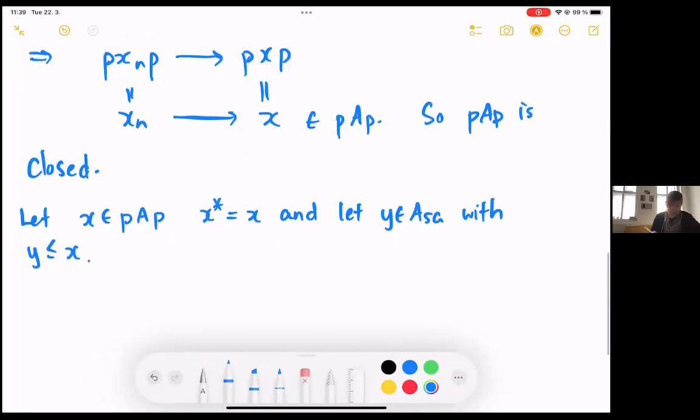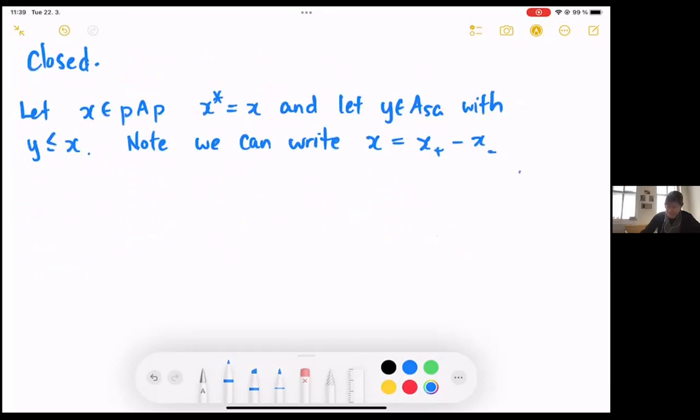So first of all, we note that we can write any self-adjoint element, so in particular X, as the sum of two positive elements, this X plus and X minus. So remember, our self-adjoint element under the functional calculus looks like this.